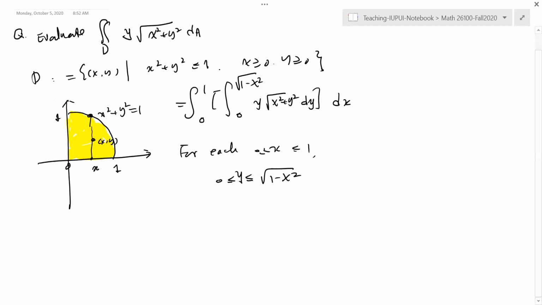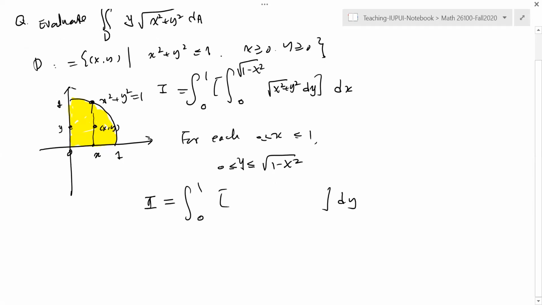Okay, that's the first one, that's the second one, right? And then you switch so that y should be outside. So y is free right now, from 0 to 1. But then x cannot be arbitrary, and you are going to use the horizontal lines to cover the whole region.